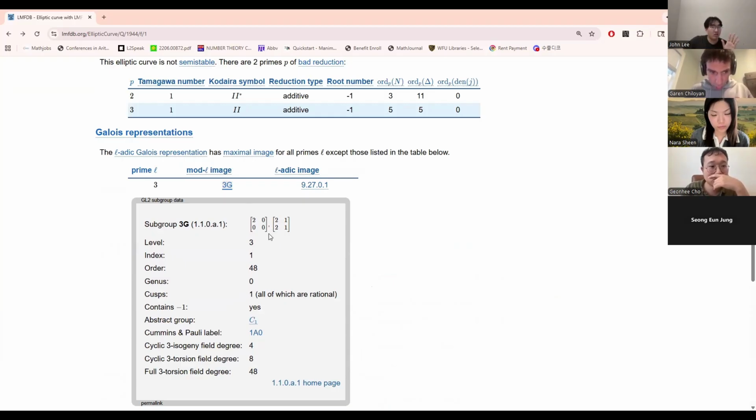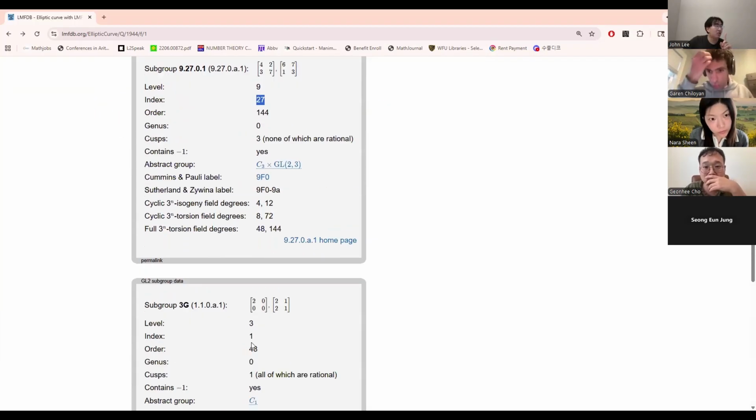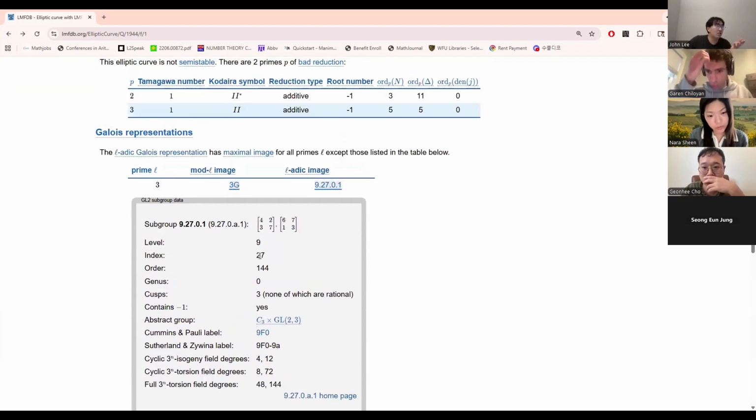Yes, so the mod 3 Galois representation is surjective. However, the 3-adic image is generated by these 2 elements, and you can see the index is not 1, but 27. Here the index is 1, of course, it's the full group, but here the index is 27, which means it's not the full group. So yes, the 3-adic image is not surjective, but the mod 3 image is surjective.